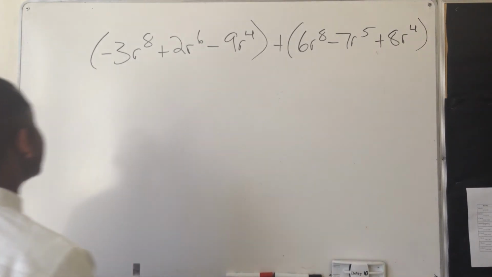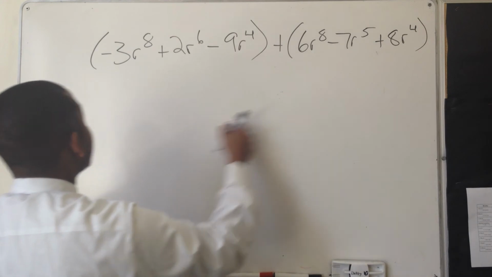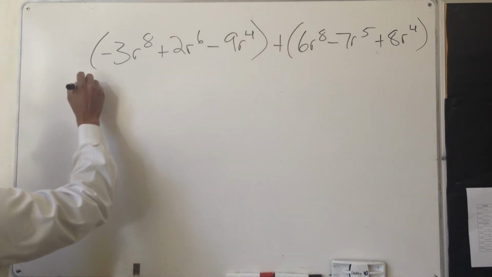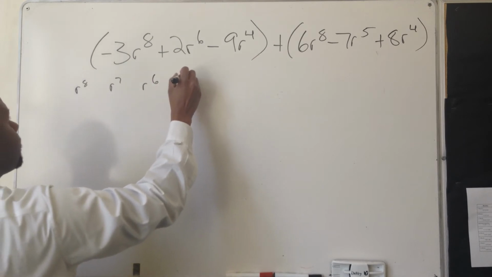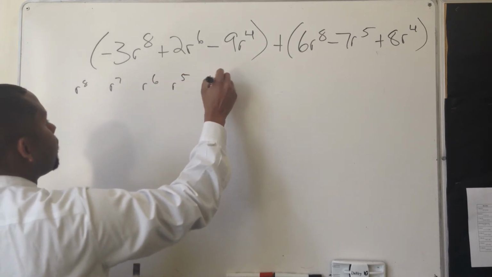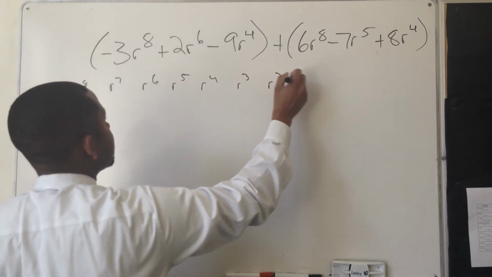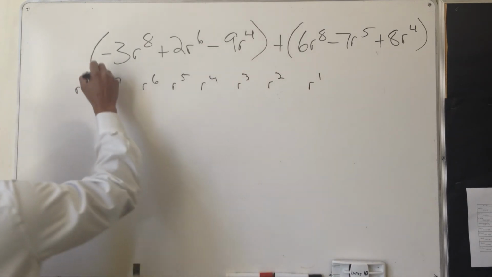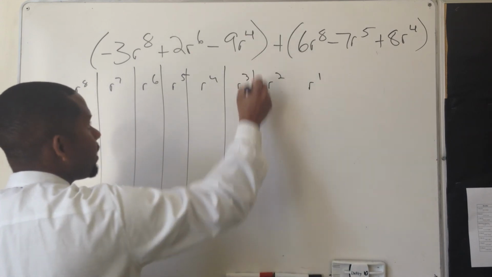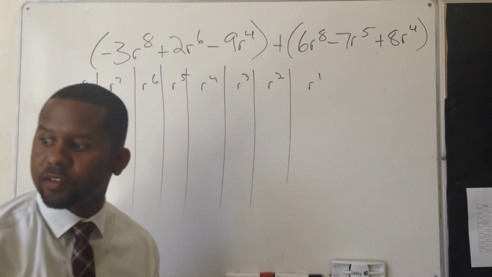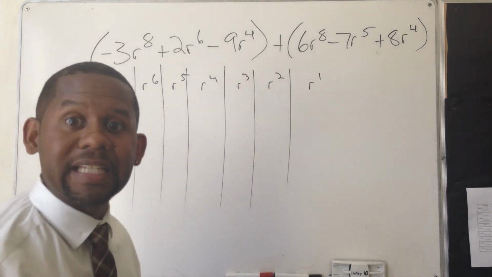Now I'm thinking my biggest exponent is 8ths. So I have my r to the 8th, r to the 7th, r to the 6th, r to the 5th, r to the 4th, r3, r2, r1. These are all like columns. We're going to do this one this way. I'm never going to make you write it out like this after this first time, but I just want you to get the idea.